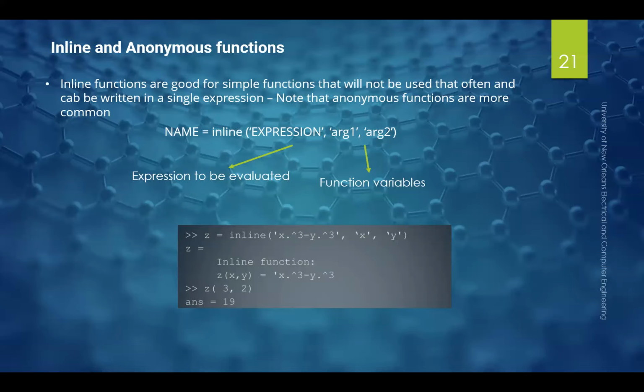And so when I call the inline function with the variables x, y, and this is going to be again my function, x to the third minus y to the third, and I'm going to pass the variable values of 3 and 2, then the answer evaluates just to 19.